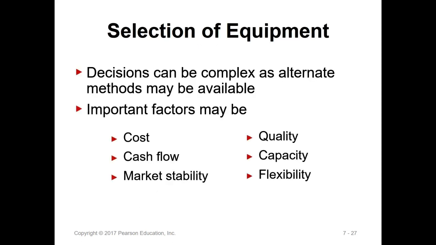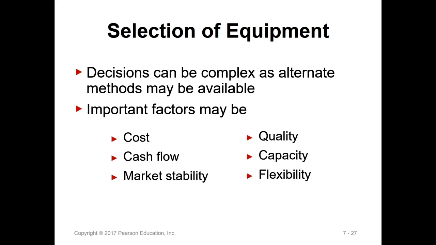Another part is talking about selecting equipment, because equipment selection is closely related to the process strategy. For example, in the machining process, when you have a lot of options to select, are you going to select brand new CNC machines, or are you going to just buy a cheaper machine?